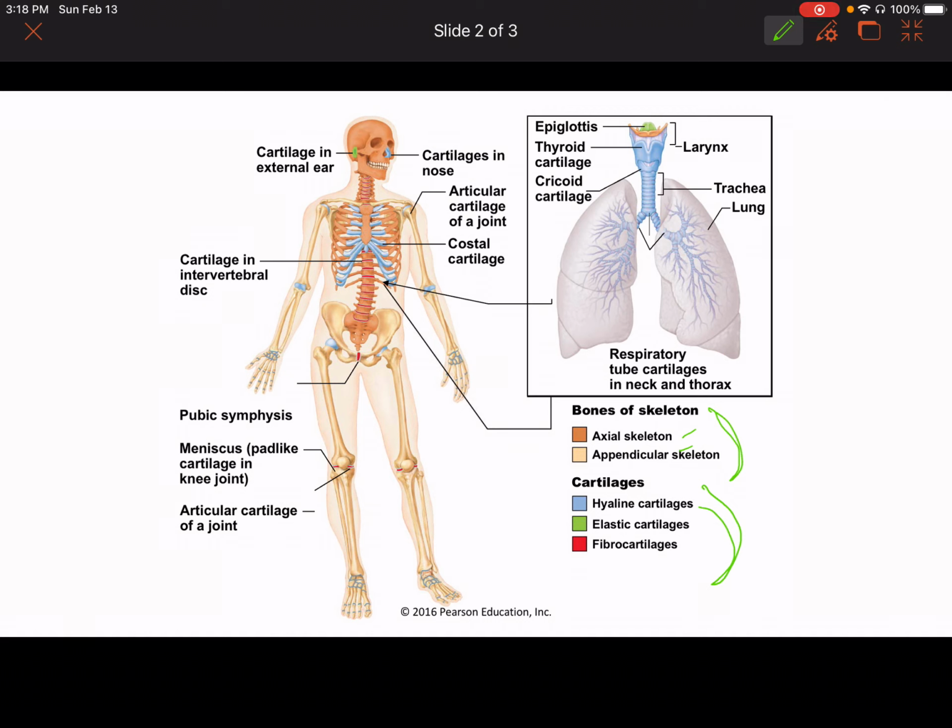considered appendicular. So for the cartilages, everything denoted here in this nice light blue, as you can see here and throughout the rib cage, also at the epiphyses of the bones. Oh, and of course the nose here. These are all hyaline cartilage. They're relatively stable.